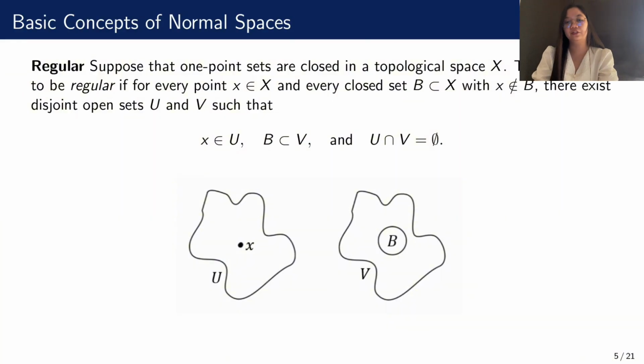So they are also disjoint. So in the regular space, we have a point and a closed set. The point has an open neighborhood, and the closed set has an open neighborhood, where the open neighborhood of x and the open neighborhood of set B are disjoint, wherein x is not an element of the closed set B.